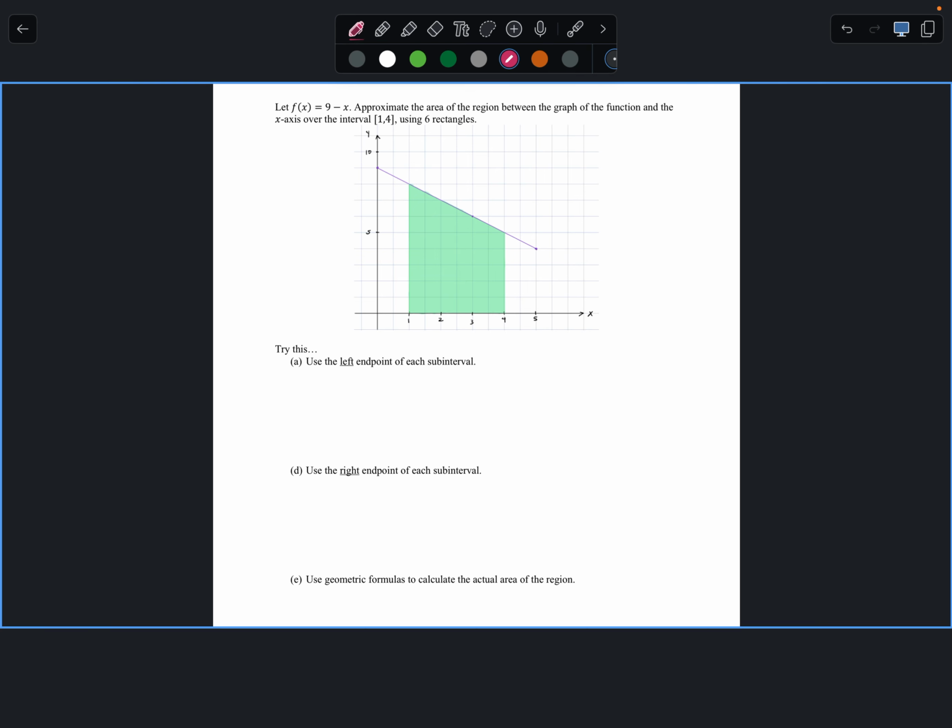Wait, is that just the line that will continue? Do we even have to draw it? Do we have to draw the rectangles? So it starts at 7.5.